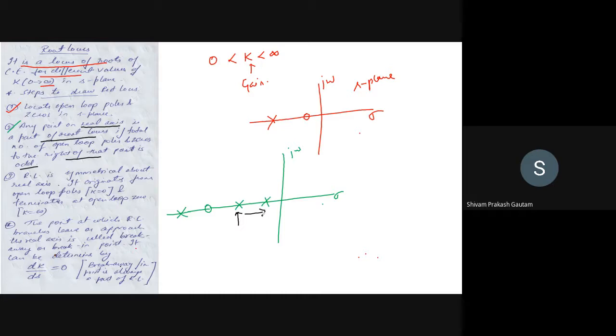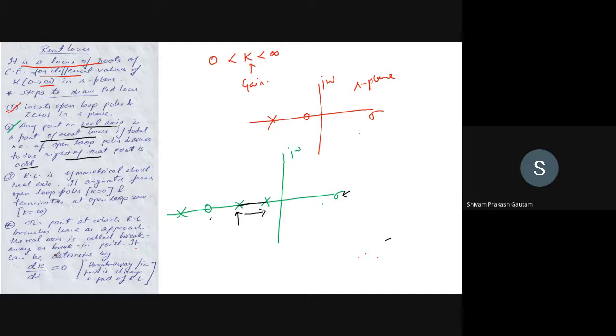What you have to see is whether there are any poles and zeros on the real axis. And which is our real axis? This is our real axis, where the imaginary part is 0. When you are looking to the right hand side, you can observe that there is one pole on the real axis, which is odd. So according to our definition of step 2, from this point onward to this point will be part of our root locus, right?